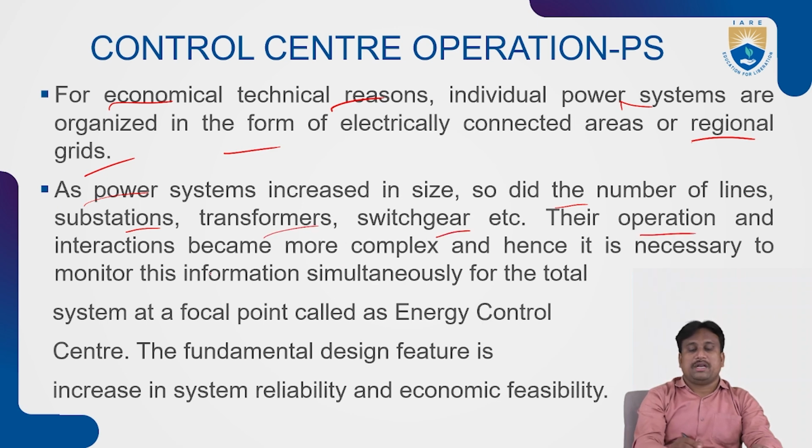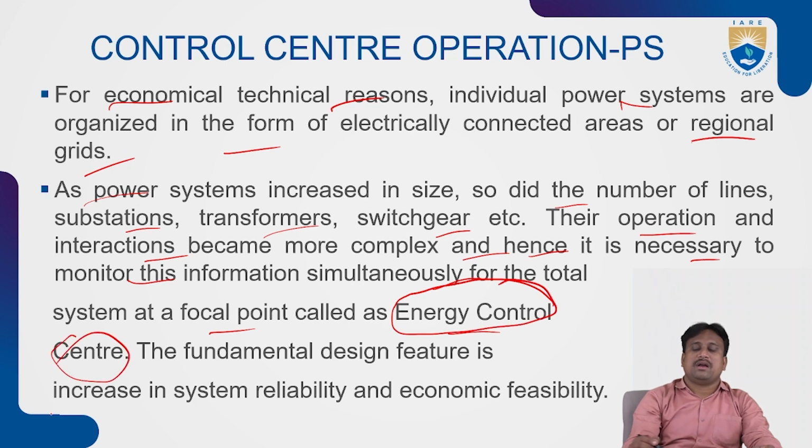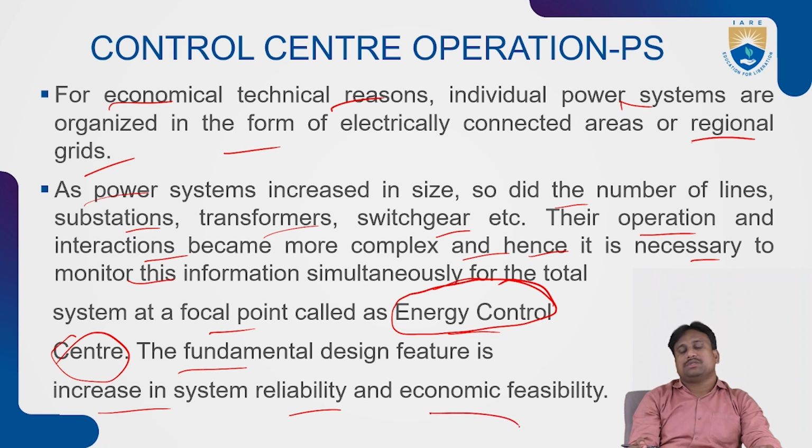So their operation and interactions become more complex, and hence it is necessary to monitor this information simultaneously for the total system at a focal point, which is called the energy control center. So this is most important, as the entire operation of the power system network is run from the ECC, that means energy control center. So here the fundamental design feature is an increase in system reliability, which makes for the economic feasibility of the system. So likewise it is going to operate suitably.